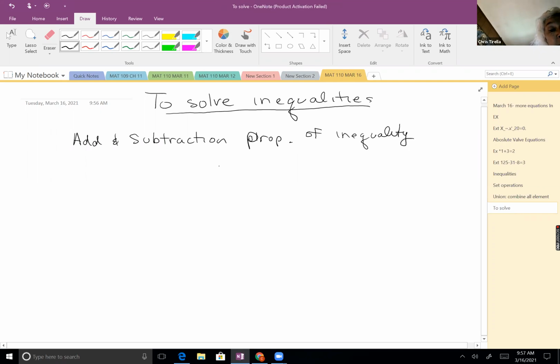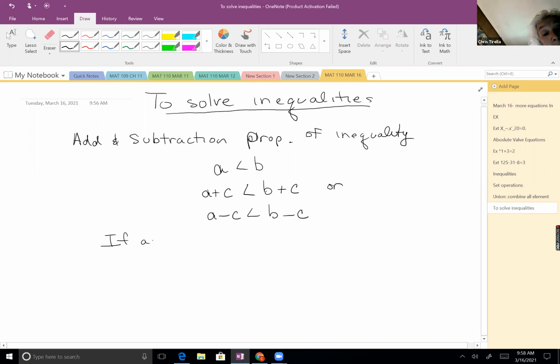And what they say is if I have an inequality, let's say A is less than B, if I add the same quantity to both sides, the inequality stays the same. Or for that matter, if I subtract the same quantity from both sides, the inequality stays in the same direction.